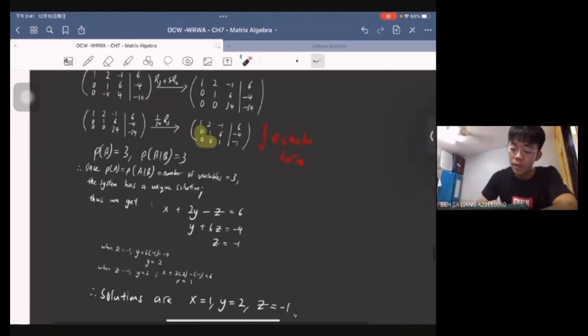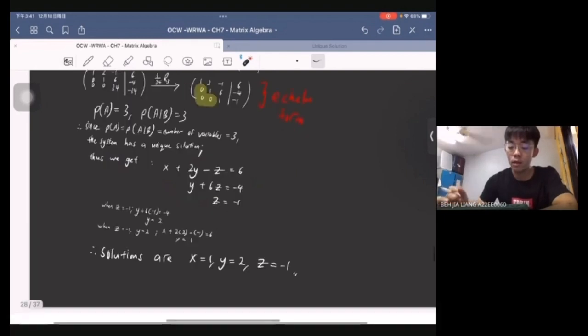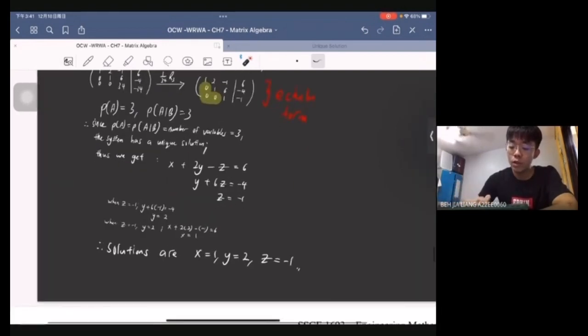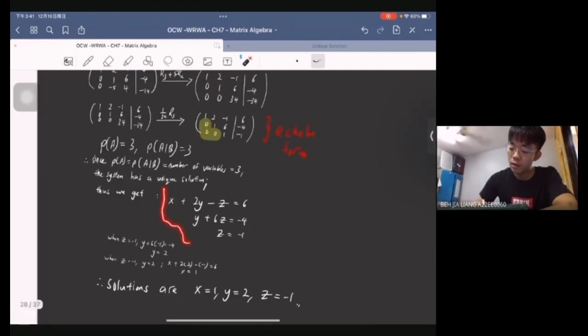So, since we fulfill this rule, we can conclude that the system has a unique solution. So we have a unique solution because we will get this equation from here. x plus 2y minus z equal to 6, and y plus 6 times z equal to -4, and z equal to -1.